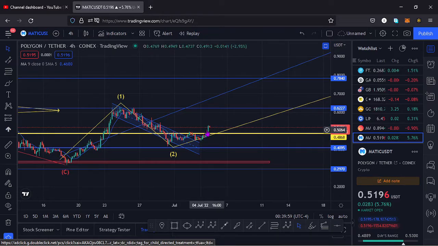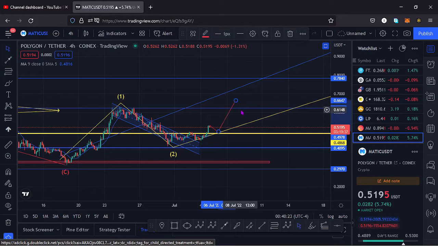Some of the key scenarios that can play out here are that now that we have broken above a key area of resistance, it's possible that on the lower time frames we might see a retest of that area, and if the retest is a success, we might continue pushing higher, and that could take us to around the $0.62 mark.